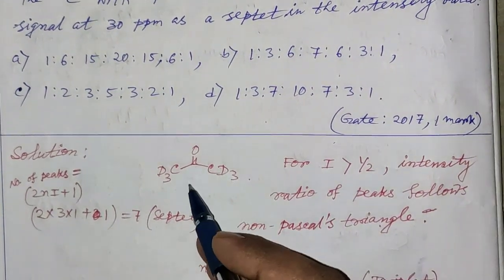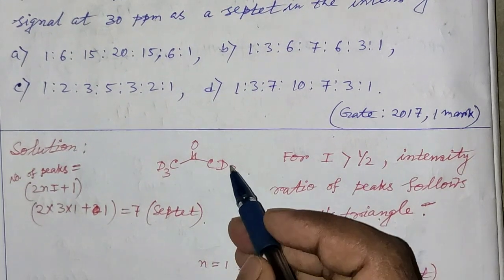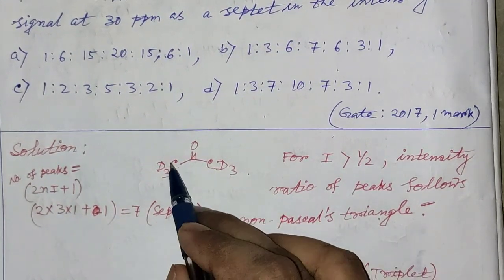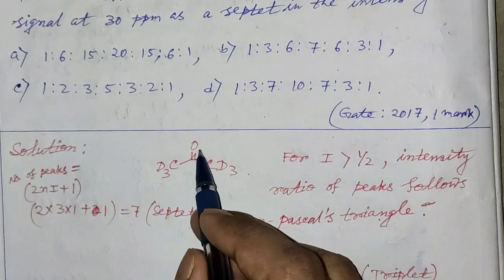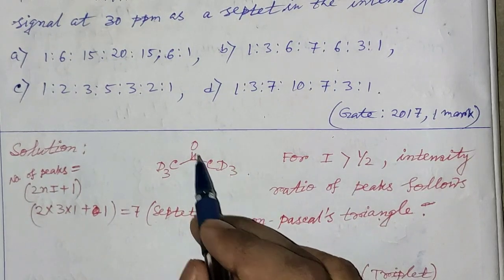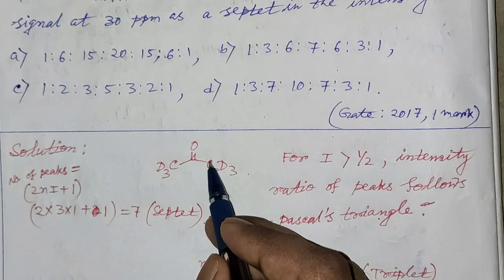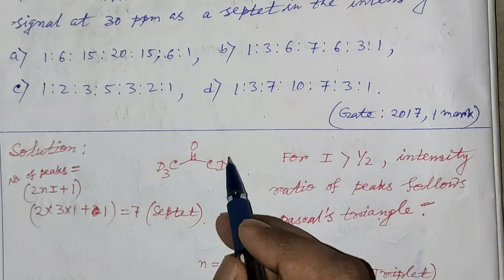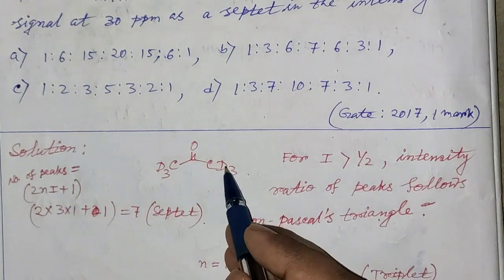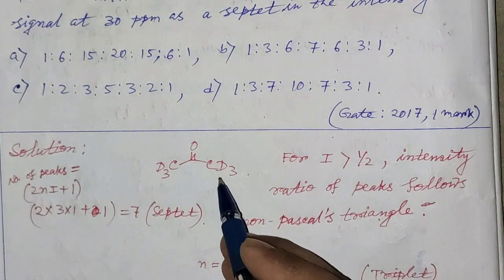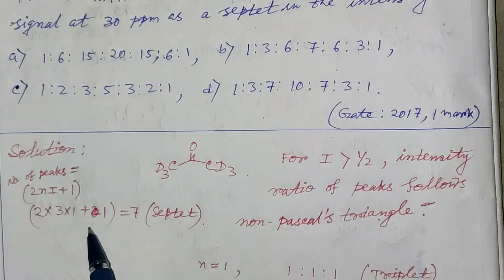Now the structure of acetone-D6 is like this, and these two carbon atoms are equivalent due to the sigma plane passing through the carbon and oxygen atom. The 13C nucleus present in the carbon will be coupled with the deuterium atoms and will give the signal.